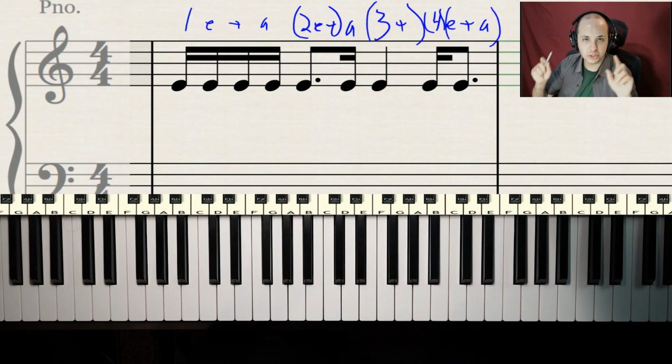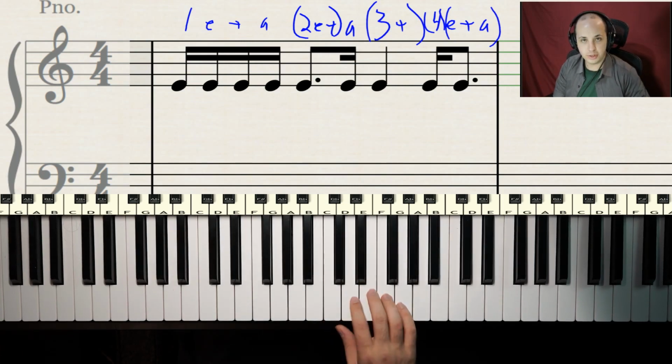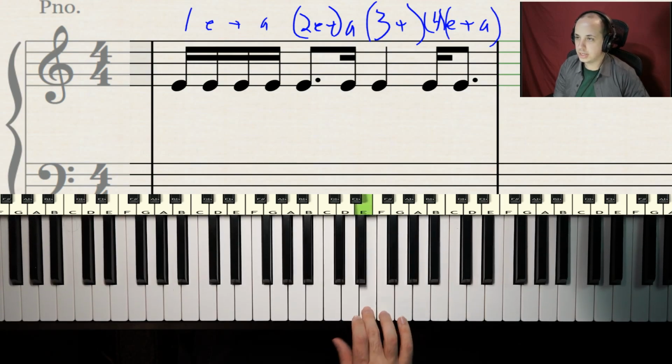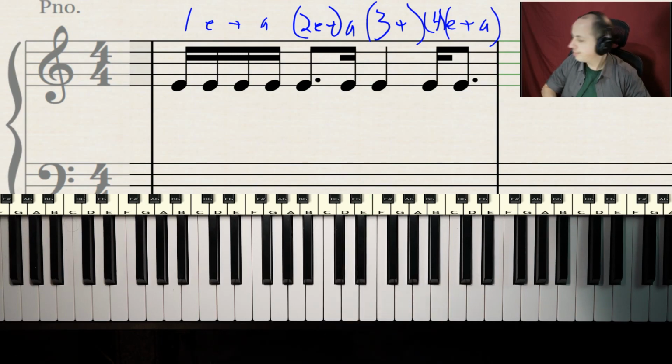Just practice a straight measure of 16th note triplets. Count it out as 1 and 2 and 3 and 4 and, but for every one of those, you're hitting 3 notes.